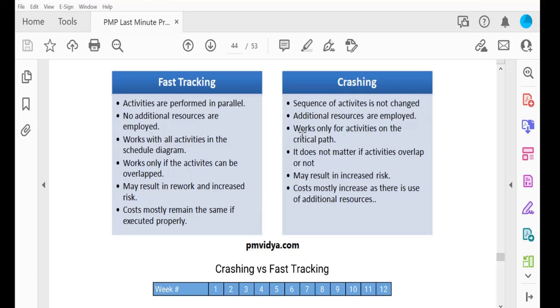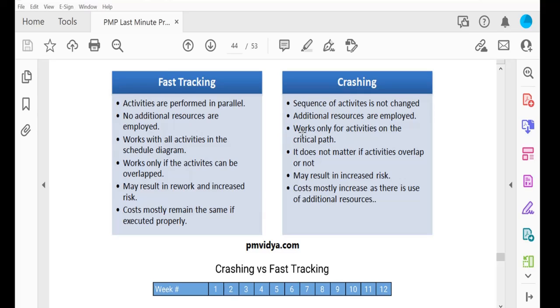Or say you are designing the software; at the same time you can work on some of the design components and some of the coding components. While design is not complete, you can also do parallel things. But in fast tracking there are some risks. For example, in the design you are saying that okay, this may be this one, and at the end you find that this process has some bugs or issues, then you have to fix it.